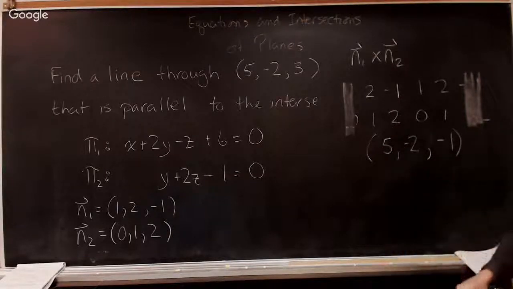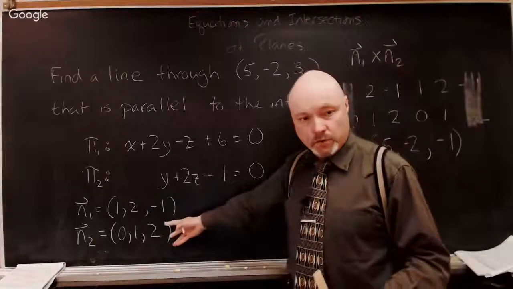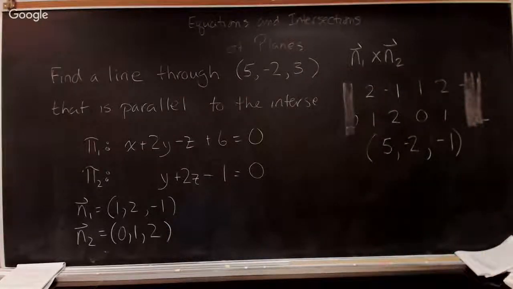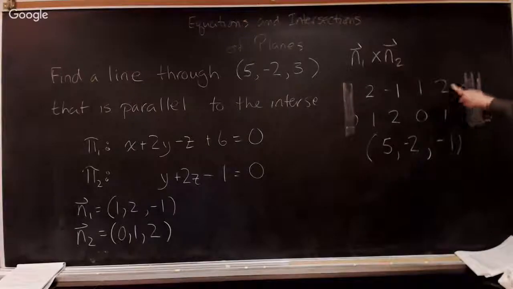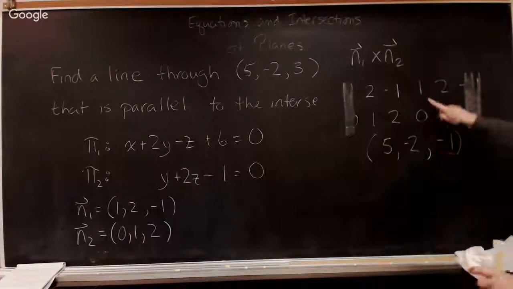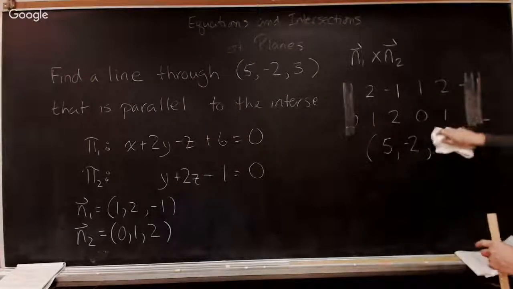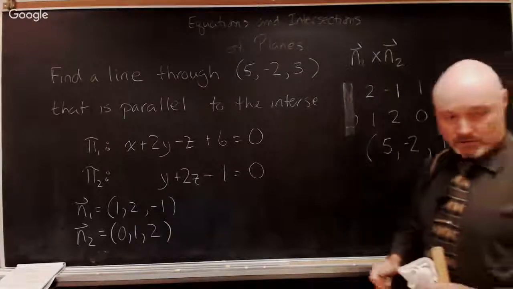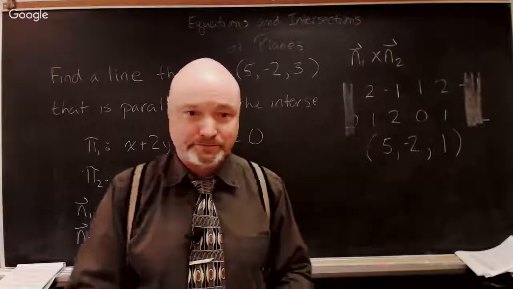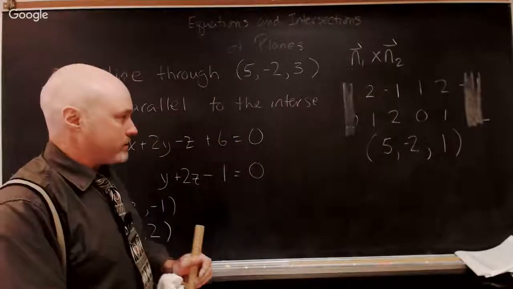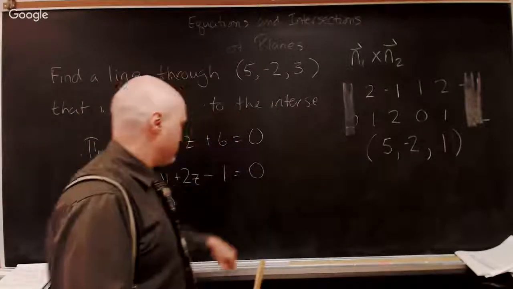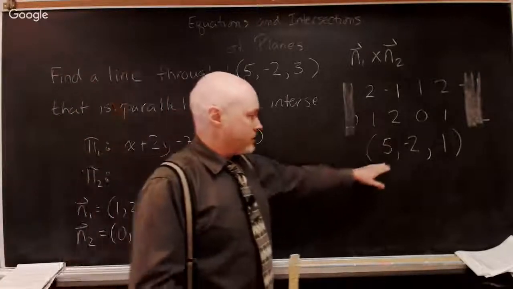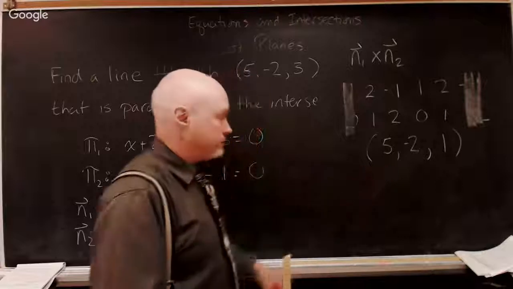So there's my vector that is perpendicular to both of the normals. Oh, this is 1 minus 0. Turns out it's 1. Okay, might have made a mistake. All right, there's my vector that's perpendicular to both of these normal vectors. This is going to be my direction vector for the line.